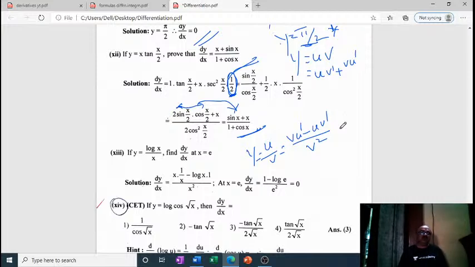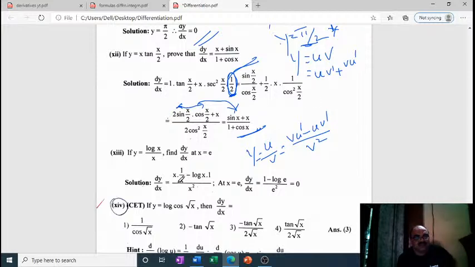What did we do? So v into u dash. V is x, u is log x, so x into 1 by x, since the differentiation of log x is 1 by x, minus log x into differentiation of x, which is 1, divided by x square.